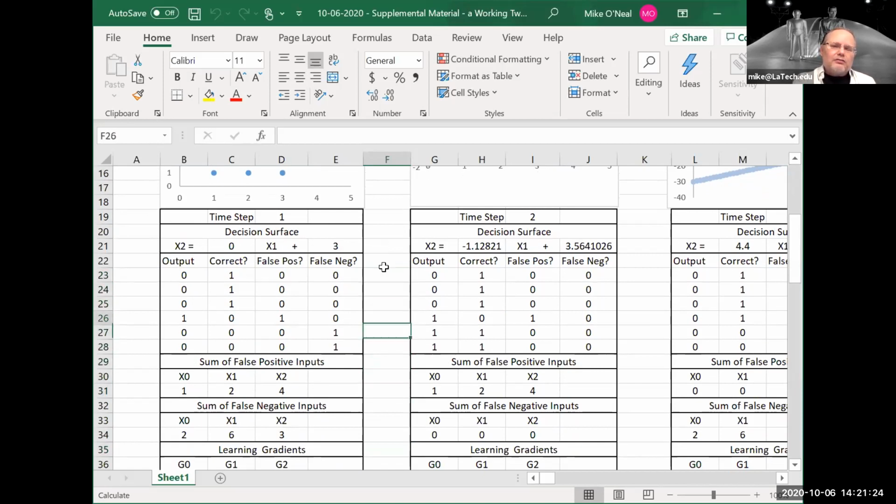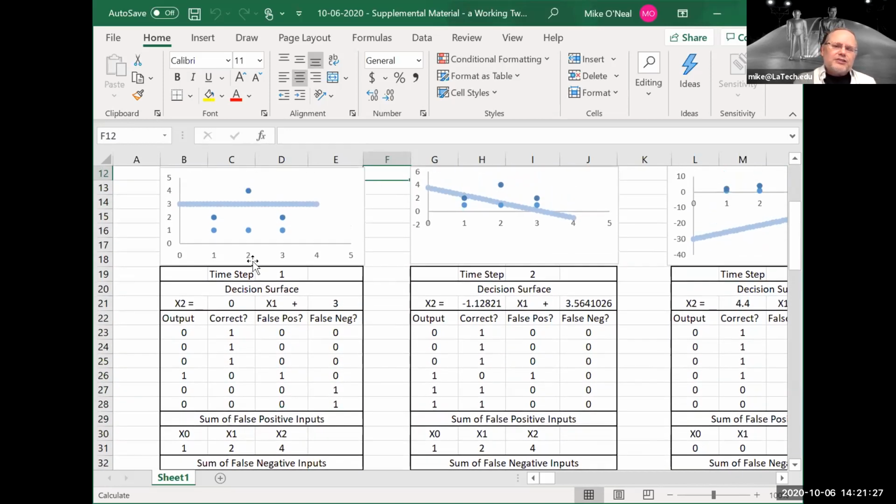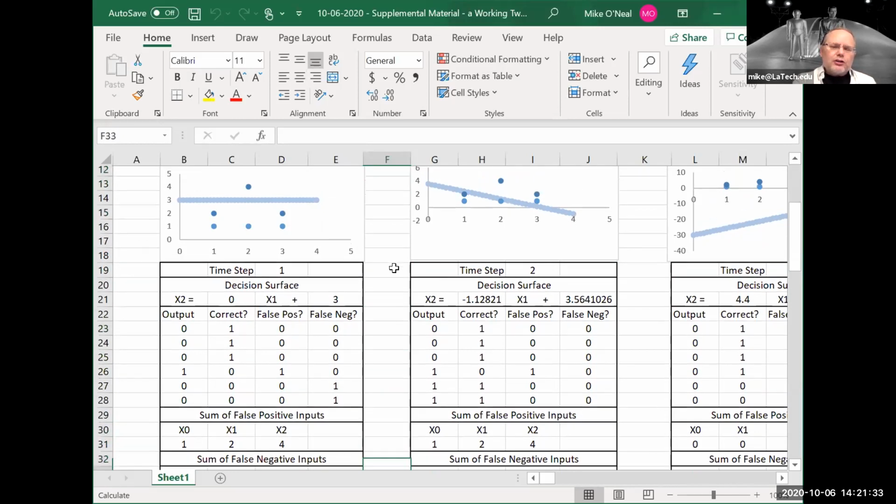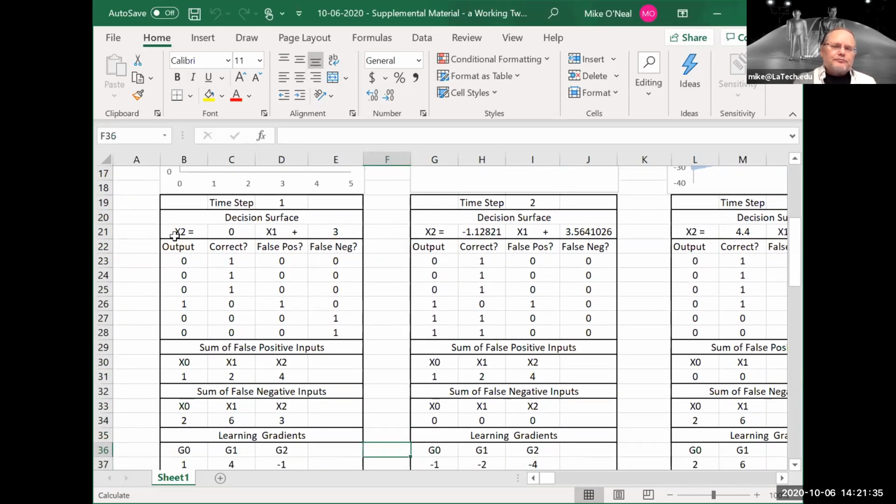The only one above the decision surface is this guy here at 2,4. So 2,4 will be the only one that generates a 1, right? That's the only one that will generate a 1 is the 4th input, right?